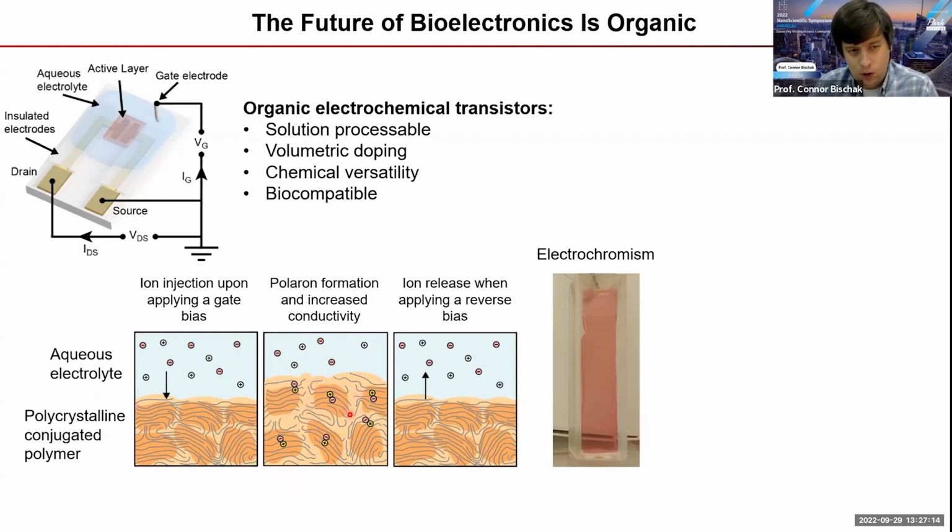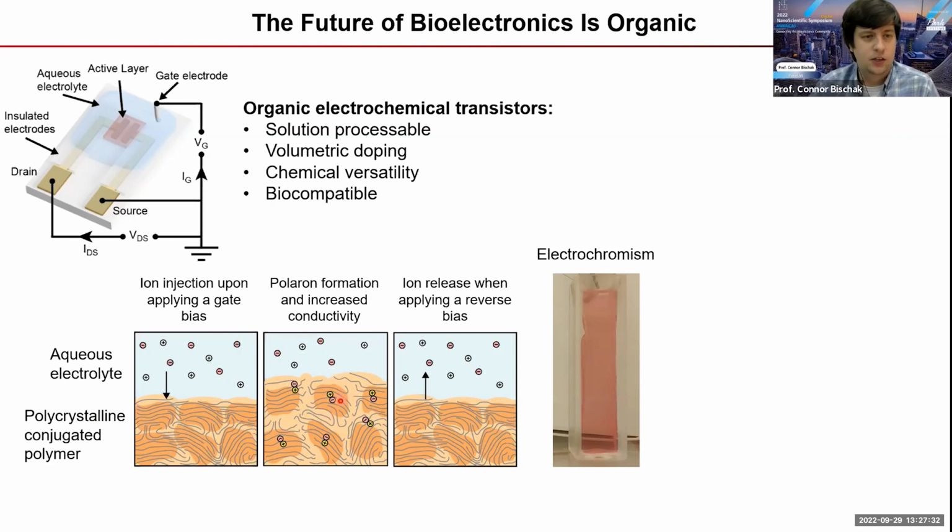These ion-polaron pairs make the film more conductive, but since these ions take up volume, it also perturbs the local structure of our polymer. And so we have really complex rearrangements of the polymer at the nano and molecular scale.